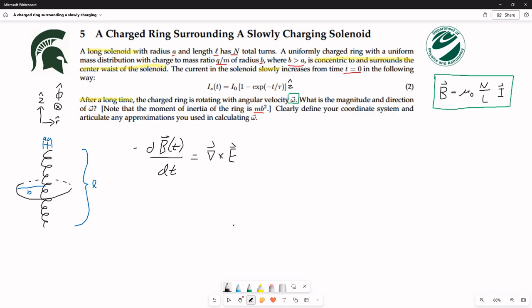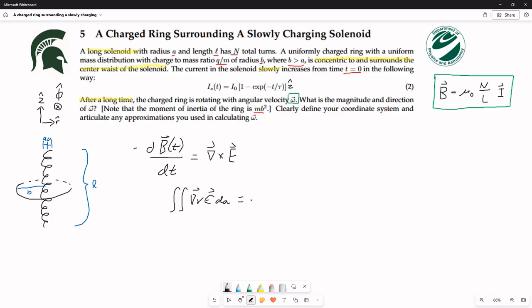And of course, right as we're getting started, there's another little tricky aspect. We have this del cross E, but that isn't entirely helpful to us. We actually want to use the curl theorem and integrate del cross E dA.